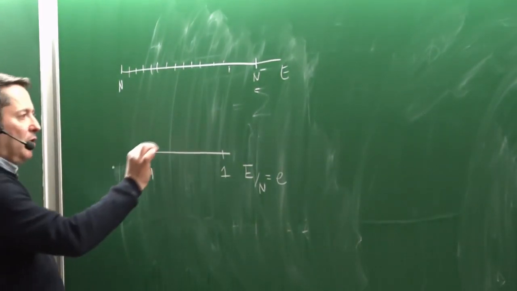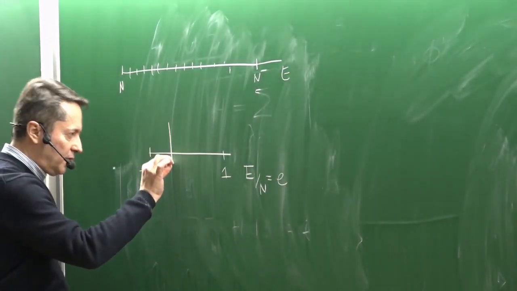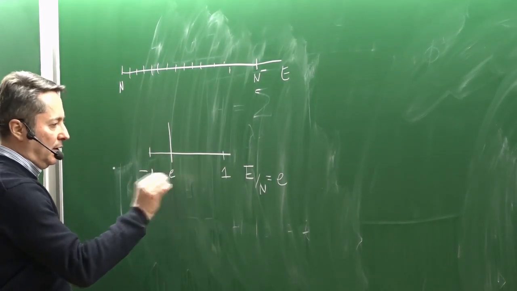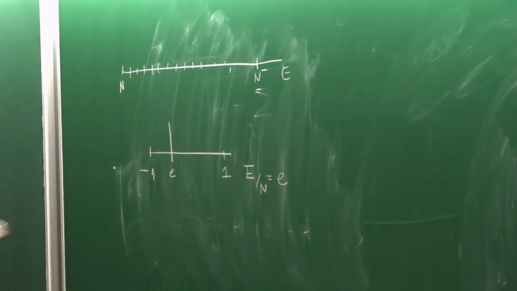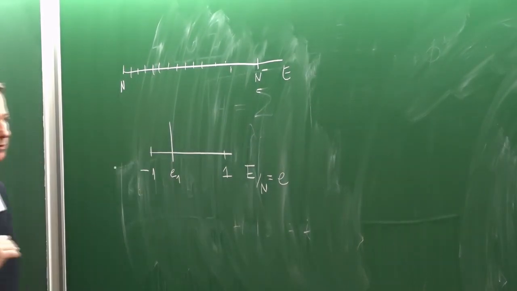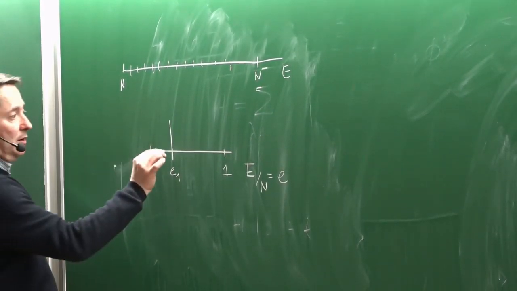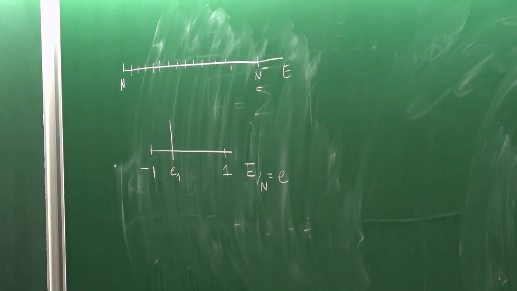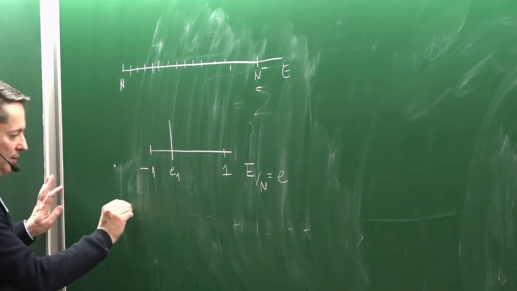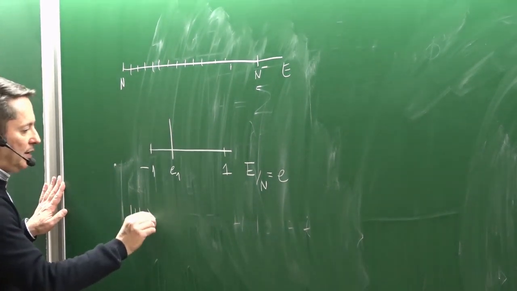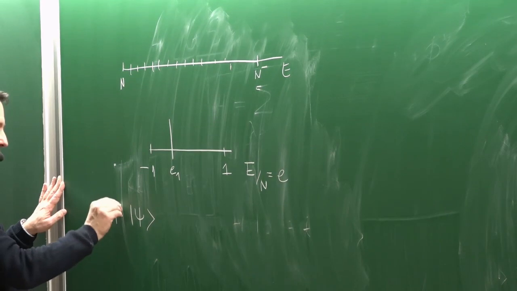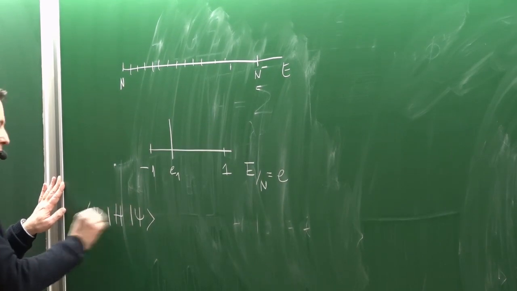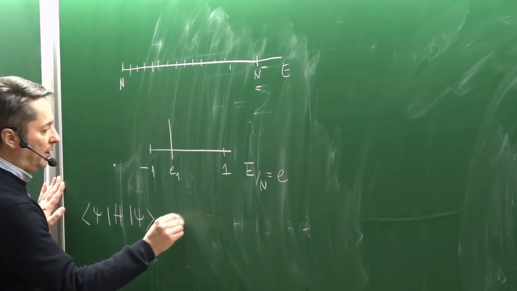And then I'm going to fix some value, E. I'll call it E1, for example. And the goal would be to find a state psi in such a way that the expectation value of the Hamiltonian in that state is equal to E1 times n.